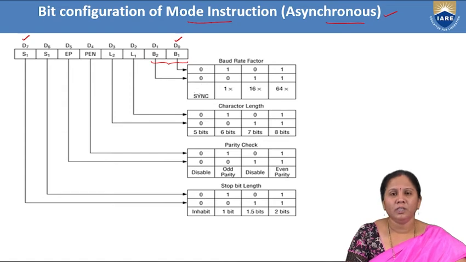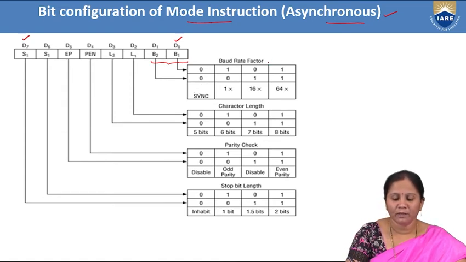These two bits together will decide the baud rate factor. So if these two bits are 0, 0, it will be operating in the synchronous mode, not asynchronous mode. If it is 0, 1, the baud rate factor will be multiplied by 1.